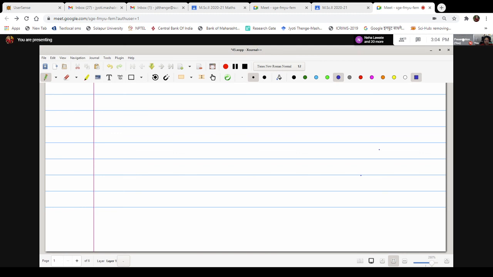As per the previous discussion, the value of x minus y naught is d, this value is also d, and this value is greater than or equal to 2d.